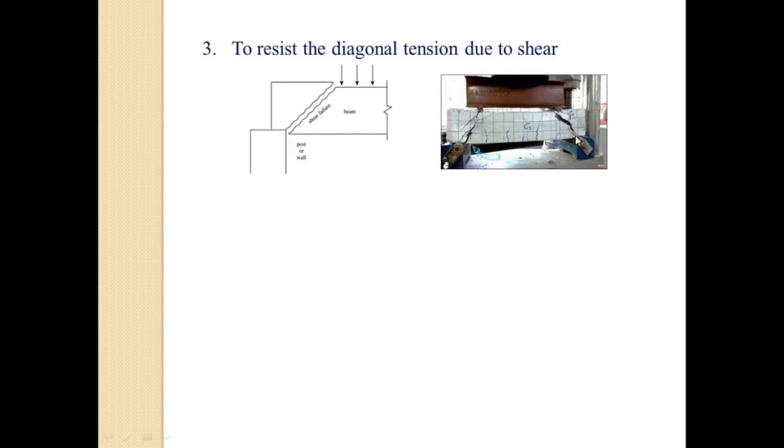To avoid this shear failure of the beam, we provide vertical stirrups in the beam. That is the transverse reinforcement in the form of stirrups, provided to avoid the diagonal tension due to shear. Next is to resist the spiral cracking due to torsion.